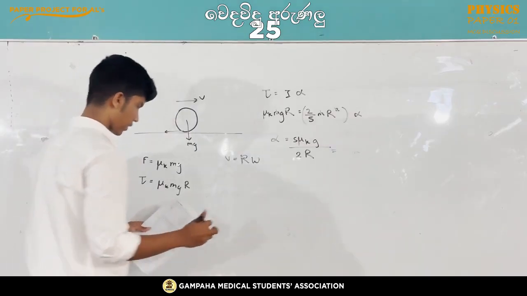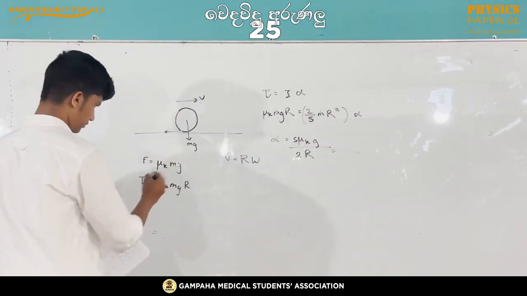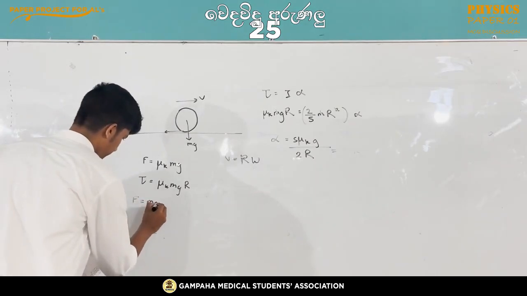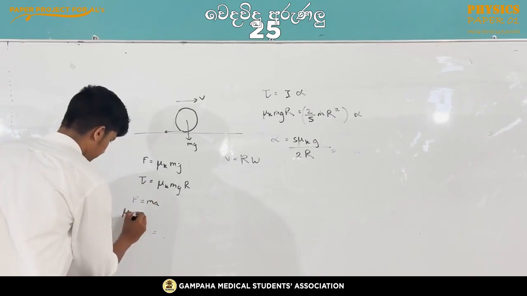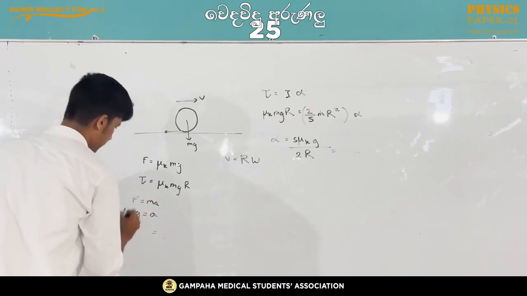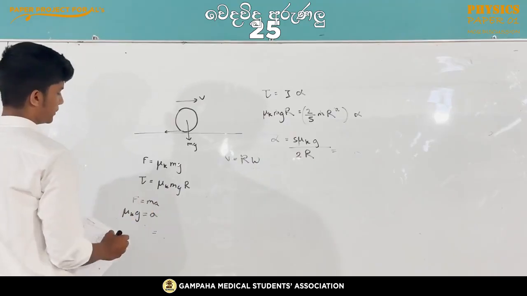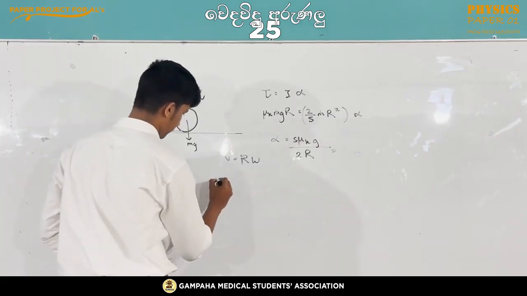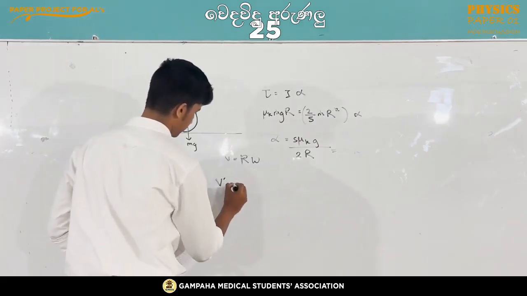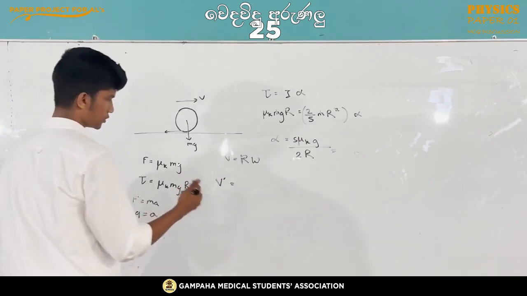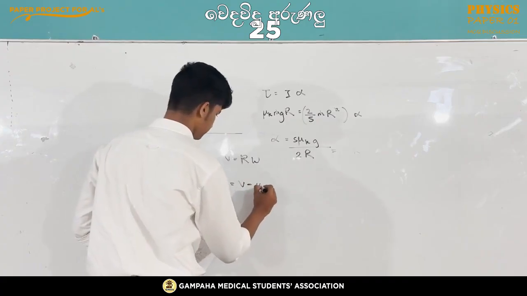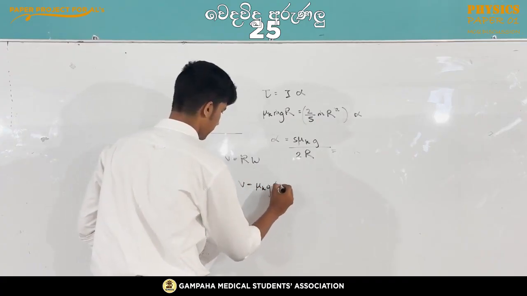So then, when we apply F equals ma, mu k g will be equal to the deceleration, and once you multiply it by the time, we will get the decrease in velocity. Therefore, v dash, which is the velocity at the time it starts to roll, will be equal to v minus mu k g t.